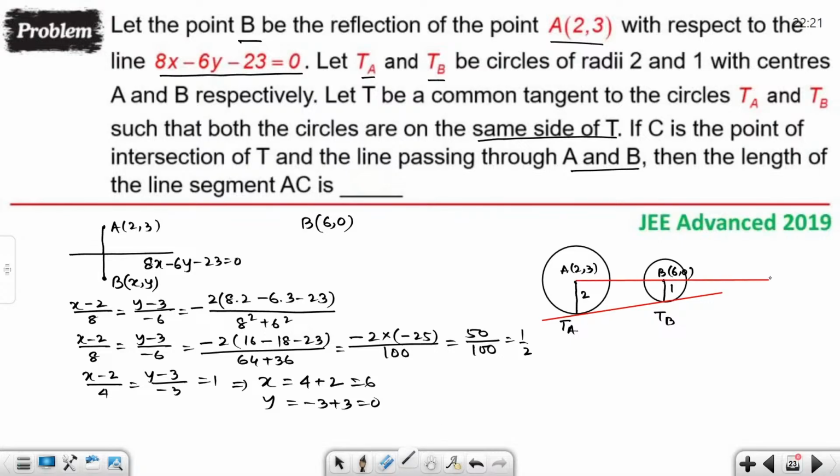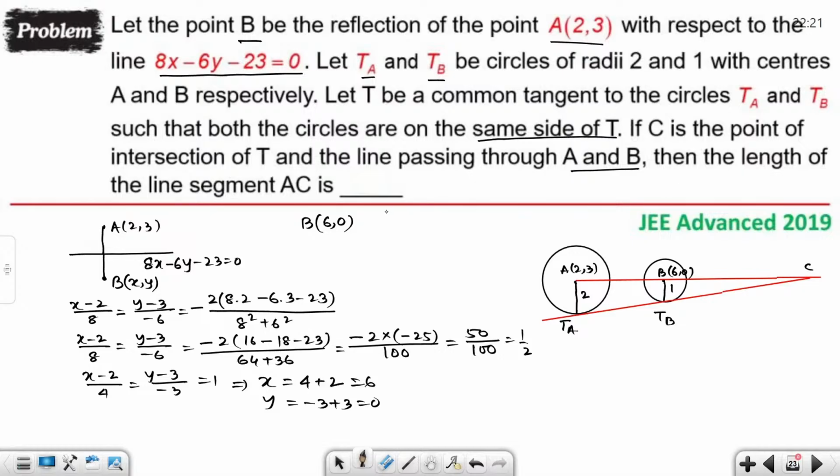C is the point where the line joining the two centers of the circle is produced, meeting at the point C. This point is C, where this direct common tangent is meeting the line joining the two centers of the circle produced, right?